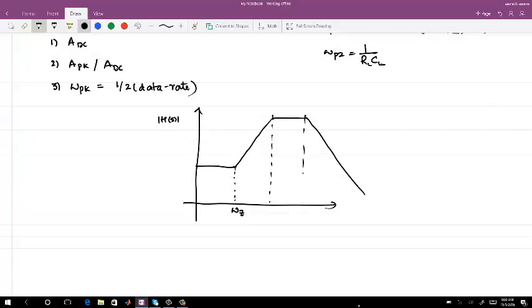In an ideal case, let me call these frequencies omega 1 and omega 2. Omega 1 will be the minimum of omega P1 and omega P2, wherever it happens, ideally. And omega 2 is just the maximum of omega P1 and omega P2.